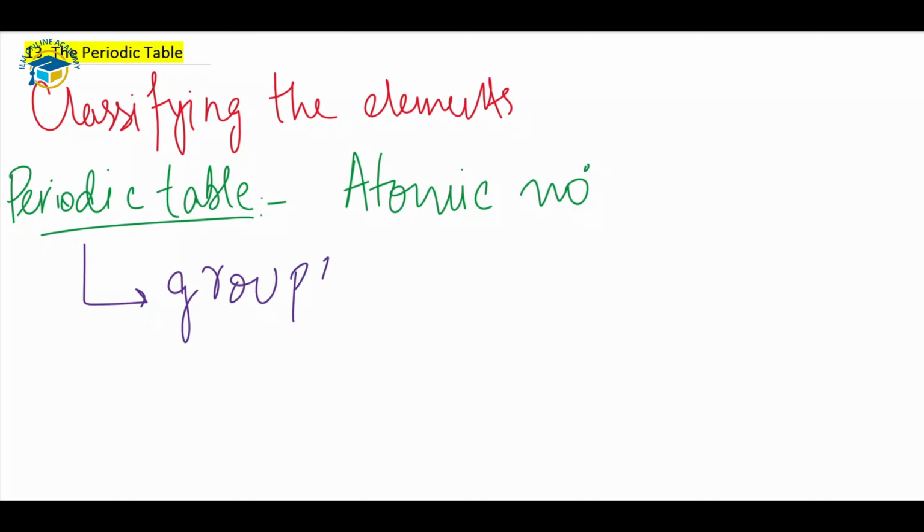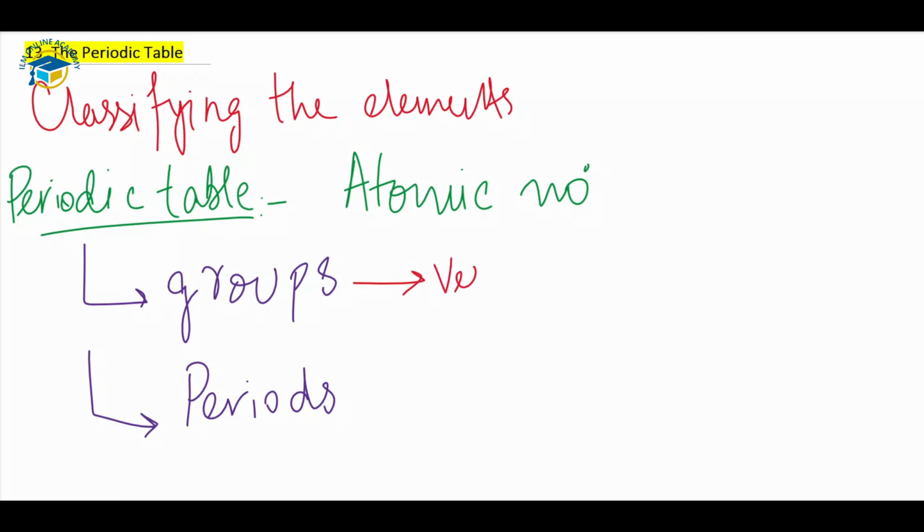So elements are arranged according to their increasing atomic number in the periodic table, and we have groups and periods that are present in the periodic table. Groups are the vertical columns of the periodic table that contain the elements with similar chemical properties.